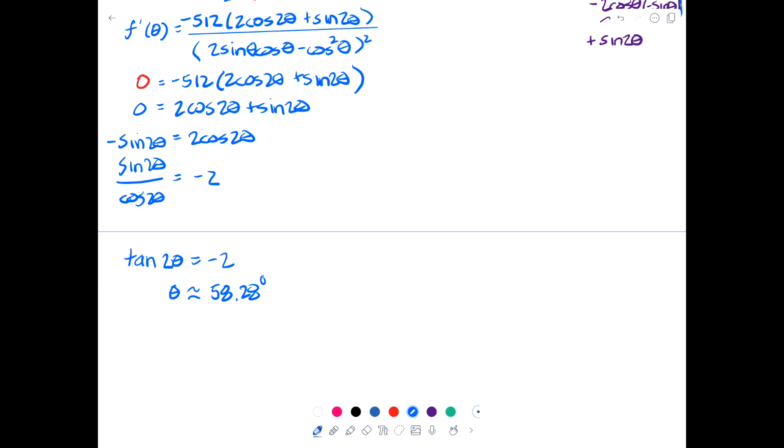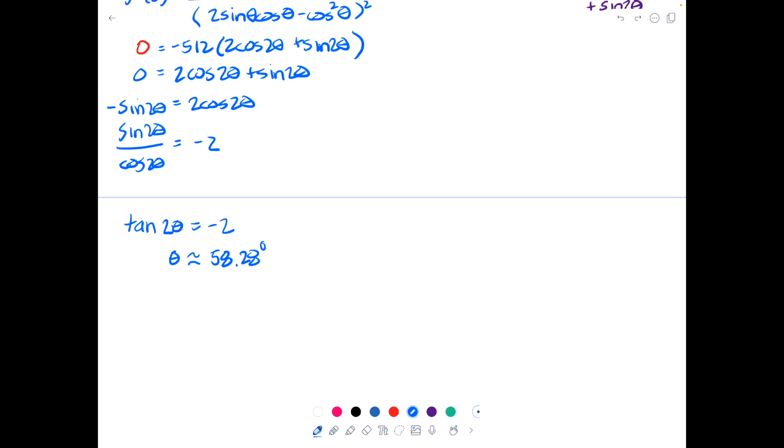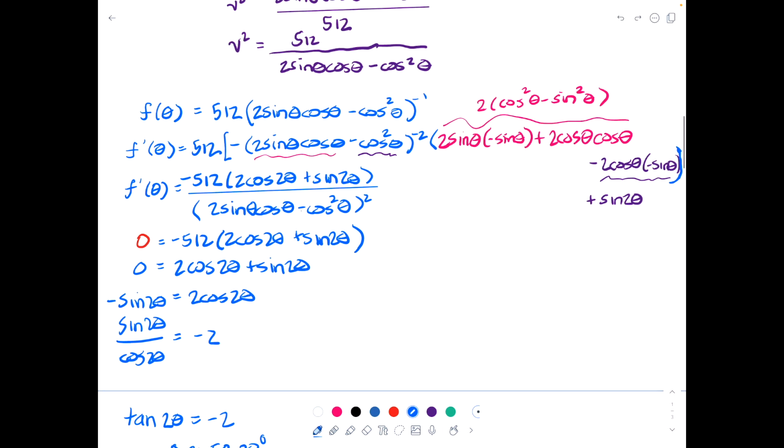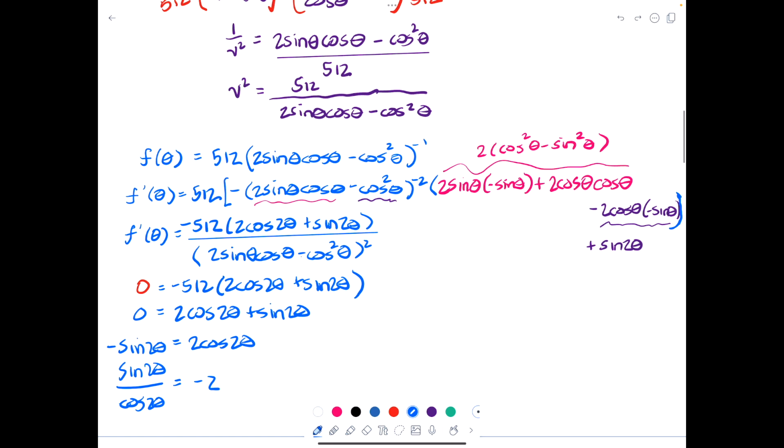Now the next part is substituting into the equation for v, because we wanted to get the speed. Remember we had our original f of theta. F of theta was v squared, so we want to find v. We're going to be using this equation here.